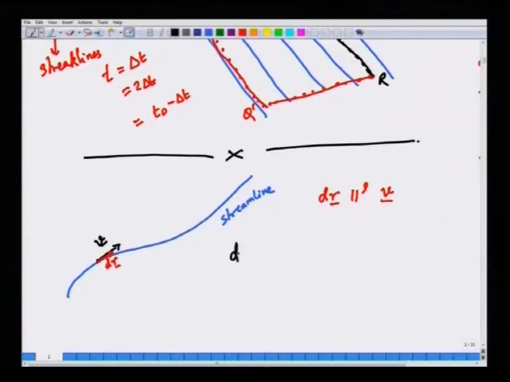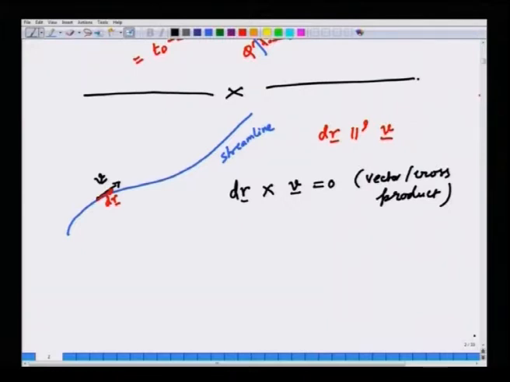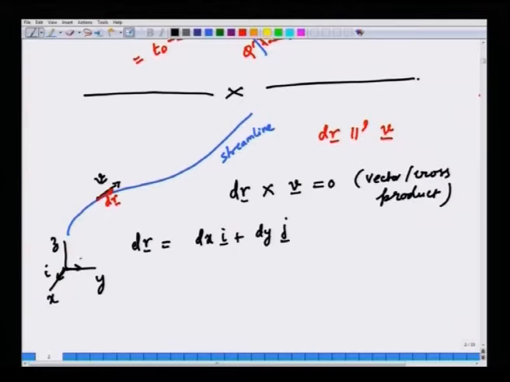the velocity vector. Now, if two vectors are parallel, their cross products are 0. So, dr cross v, this is the vector product or cross product, is 0. If the vector product of two vectors is 0, then I can write the individual vectors. Imagine putting up a coordinate system x, y, z, with unit vectors i, j and k.